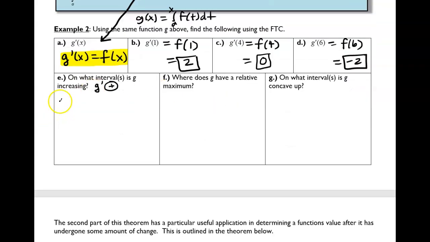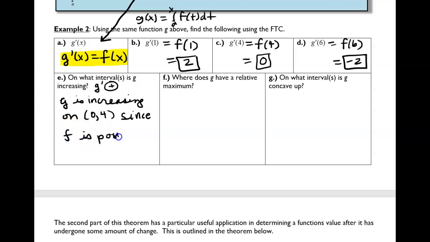So I'm going to say g is increasing on 0 to 4 since f is positive, because that's what I see on the graph. As long as I've stated this somewhere in my problem, I could use f or g prime here because I've already said they're the same. So either one would actually work right here.